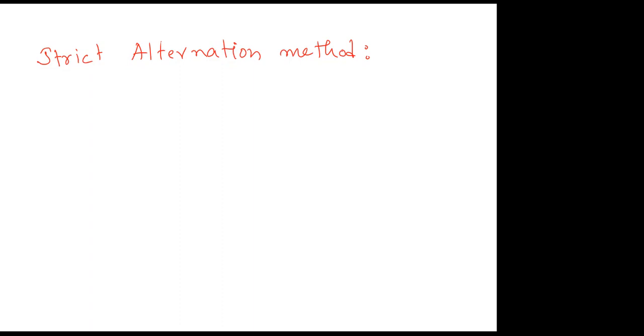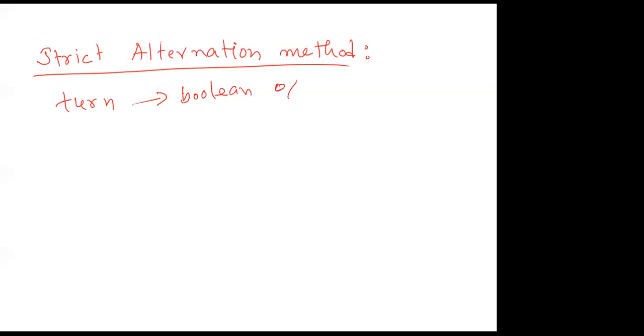Let's see how you can implement the strict alternation method. To implement it, you need to maintain one Boolean type variable. It's called the turn variable. It takes only the value 0 or 1. Let's see how it works.